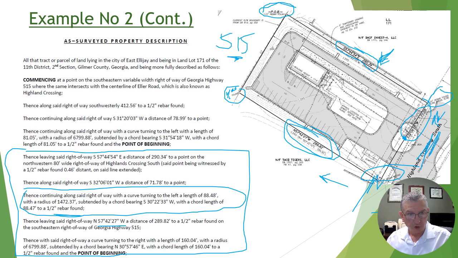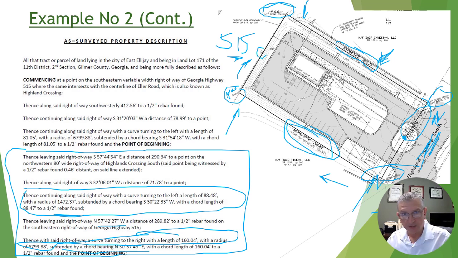Thence with a curve turning to the right. So remember, when we were coming down this way, it was turning to the left. Now we're going in the opposite direction, so it is turning to the right, like that, exaggerated. And down here we've got the arc length. Arc and curve are interchangeable, they're synonymous. There's the arc and curve data subtended by a chord, and so on.